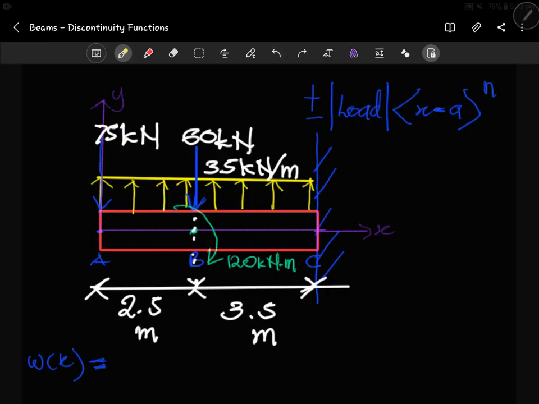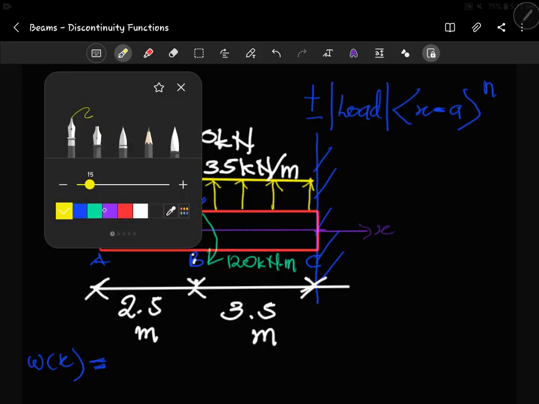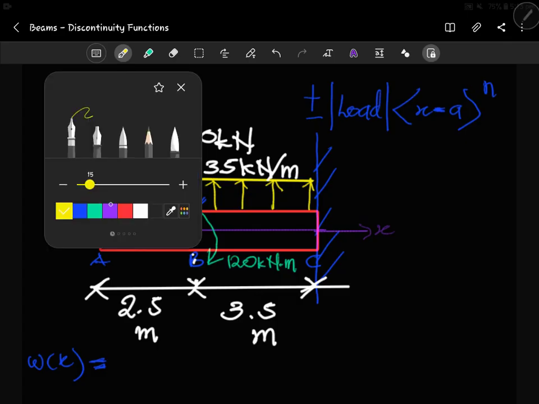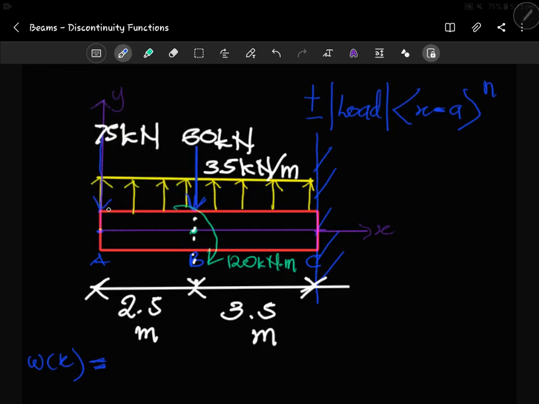So this is what happens when you start from this point. What are the forces there? The load, to be particular. When you are at this very point, we have two things. First of all, we have this 75, which is pointing just one way, so it's a point load.